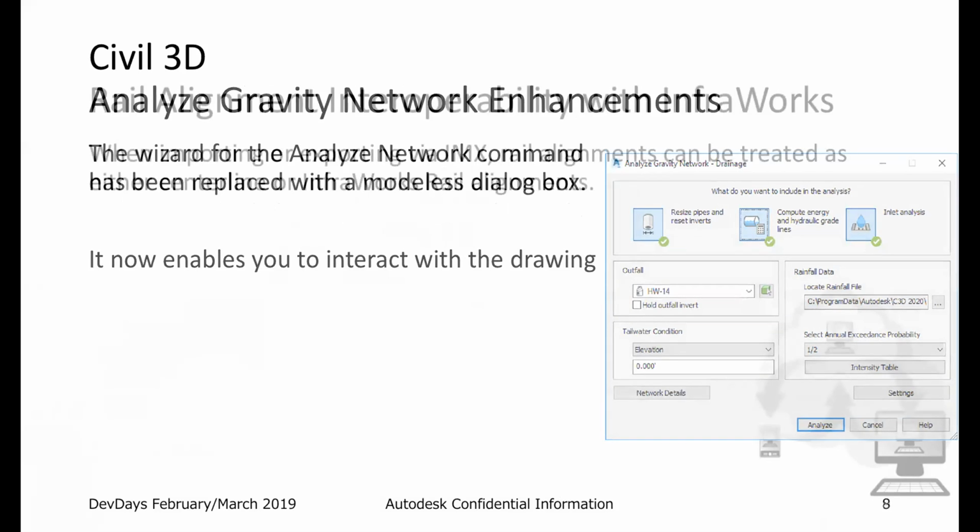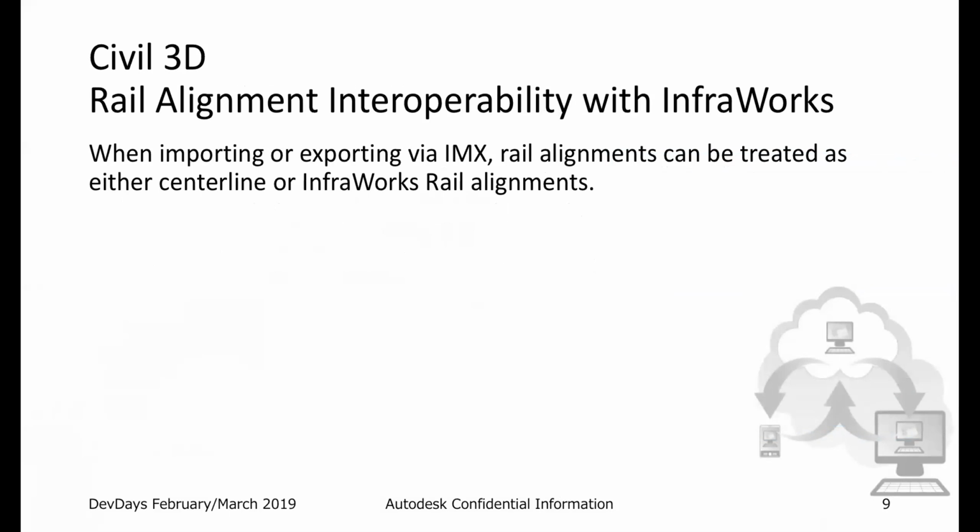The next one is about rail alignment interoperability with Infraworks. When importing or exporting files via IMX, rail alignments can be treated as either centerline or Infraworks rail alignments, which also improves the interoperability of those products.